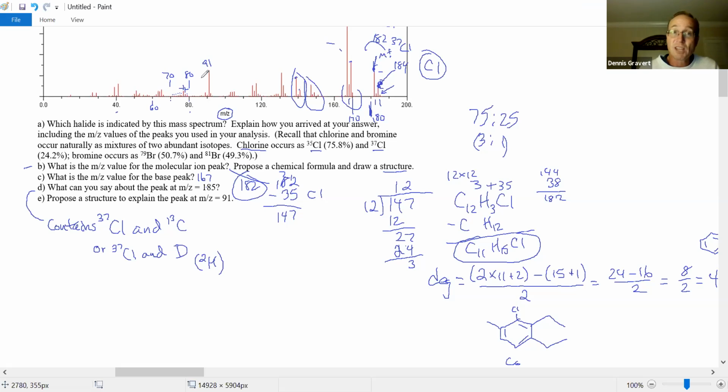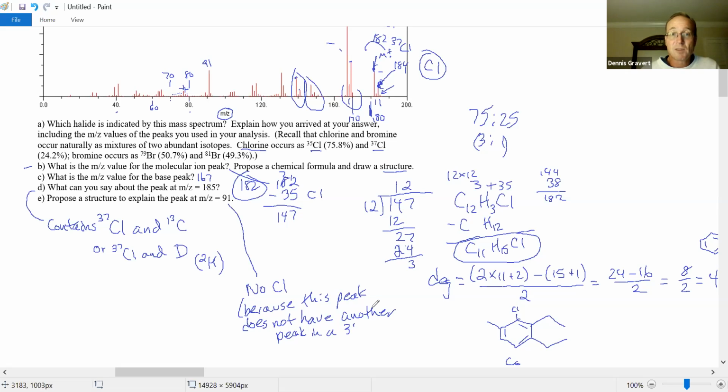I'll go backwards to 89, nope, I don't get one that's 3 times the size. This one doesn't contain chlorine because this peak does not have another peak in a 3-to-1 ratio, 2 mass units away.